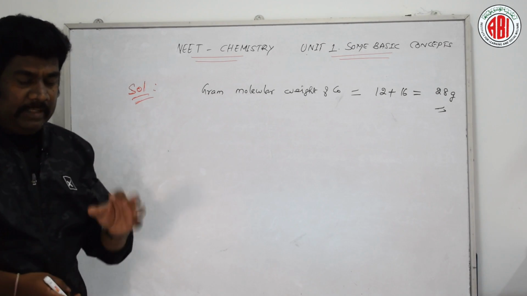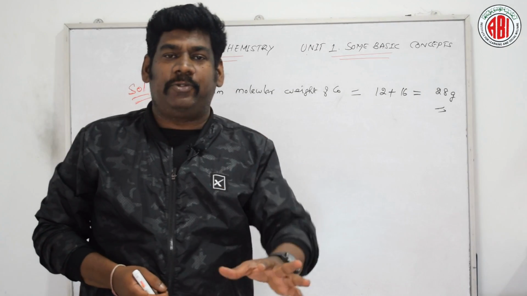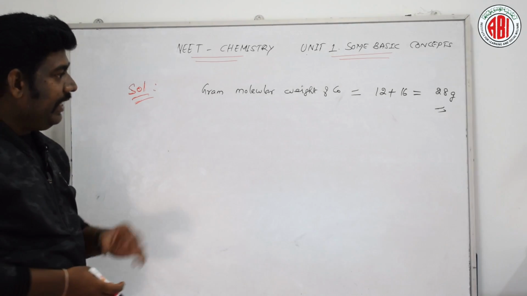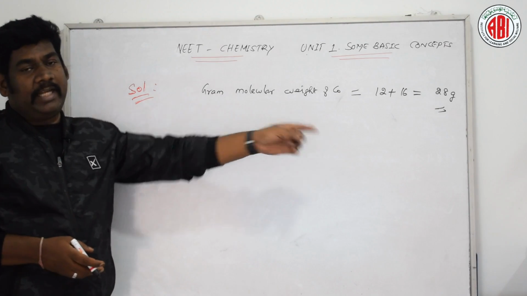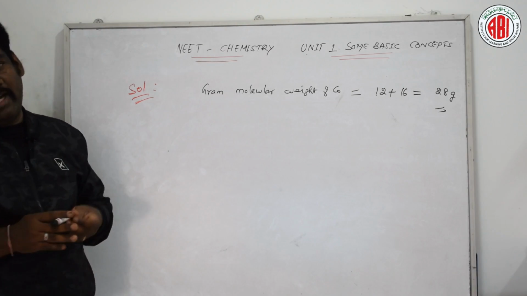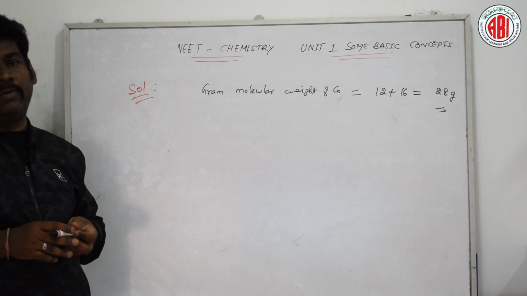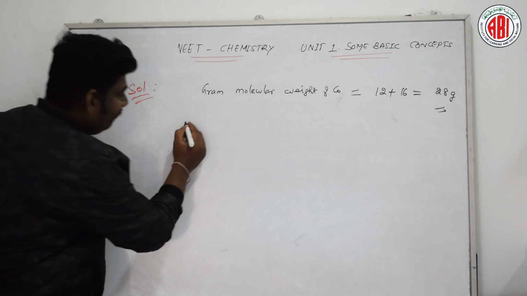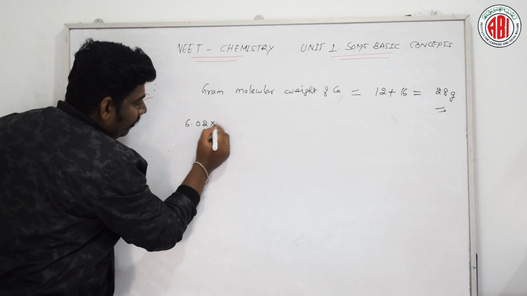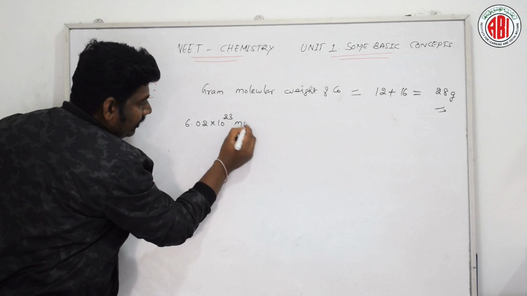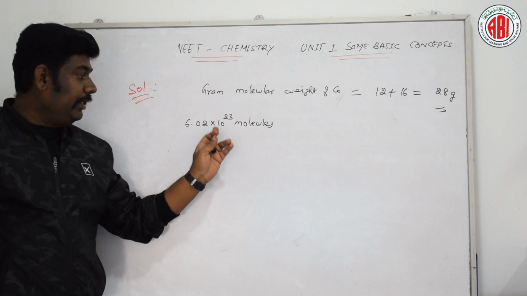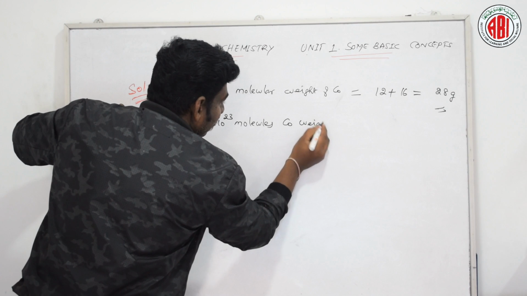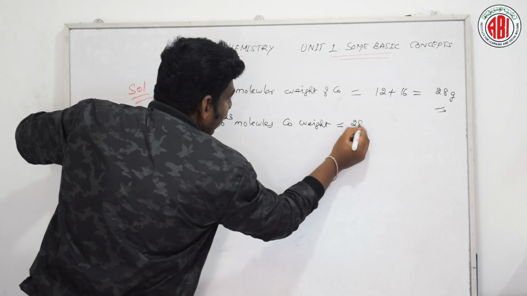Now, 6.023 into 10 to the power of 23 molecules of carbon monoxide weigh around 28 gram. That means we should find the weight of 1 molecule of carbon monoxide. 1 mole is nothing but 6.02 into 10 to the power of 23 molecules. So 6.02 into 10 to the power of 23 molecules of carbon monoxide weigh 28 gram.